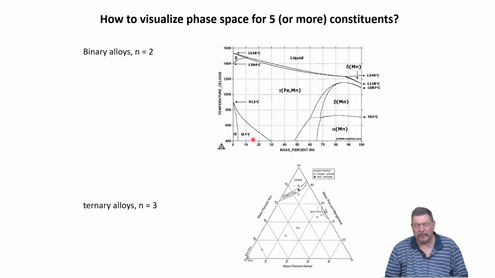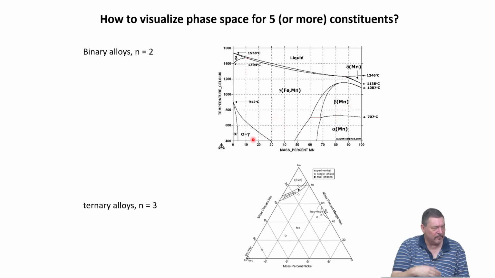Now, if we have two components, we can use a piece of paper or a screen to display all information necessary, right? To select, for example, a composition and a temperature to obtain a certain phase or phase equilibrium between different phases.